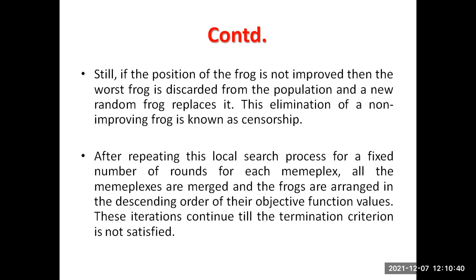This iteration continues until the termination criterion is met. You have a fixed number of iteration cycles, and when you reach the maximum number of iteration cycles, the solution you get is the optimum value.